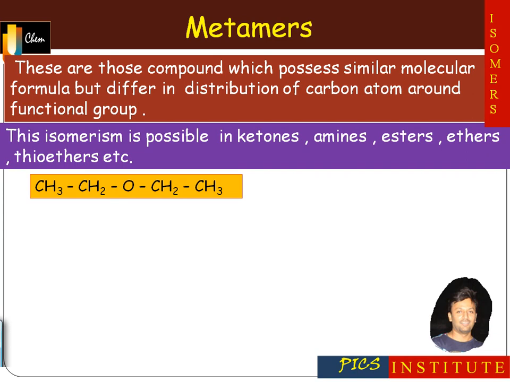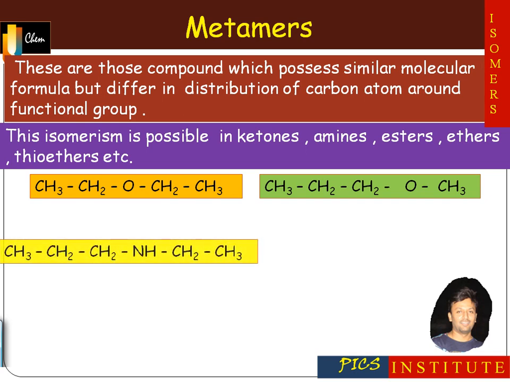For example, in the first case, we have 2 carbon on the left hand side and 2 carbon on the right hand side. Now, in the second compound, we have 3 carbon on the left hand side and 1 carbon on the right hand side.